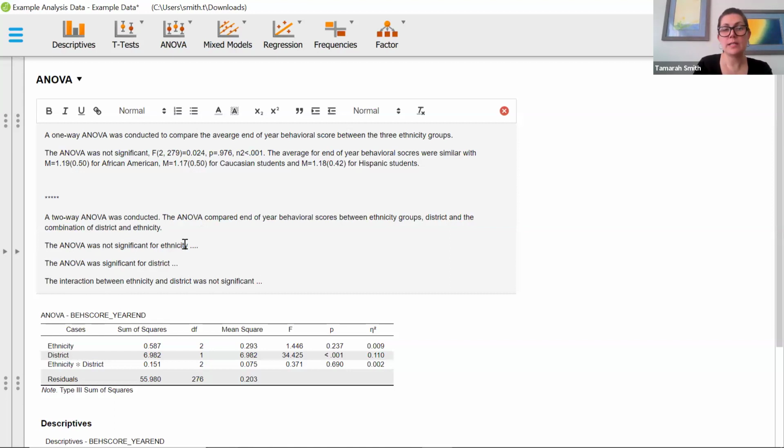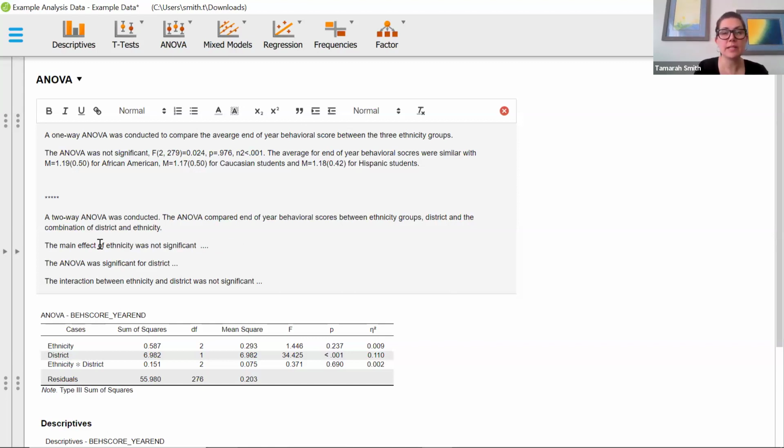The ANOVA was not significant for ethnicity. I'm going to tweak this language a little bit, right? This is how we started in our last ANOVA, but because we have more than one independent variable, we can actually change our language. And what you will see is kind of the norm out there is that people will say the main effect of ethnicity was not significant.